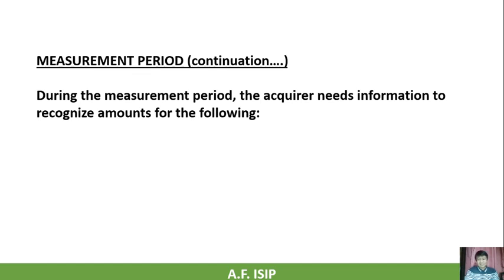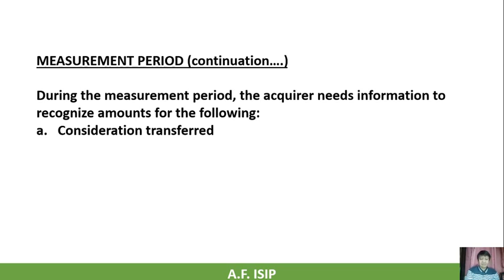These information are not yet complete. That is why measurement period was created, because the acquirer cannot proceed completely with the business combination. And here are the information needed. Of course, the number one information that we need during the business combination is the consideration transfer.